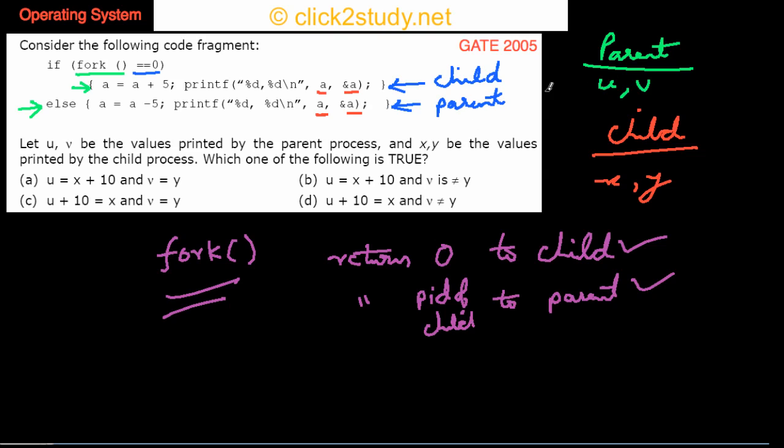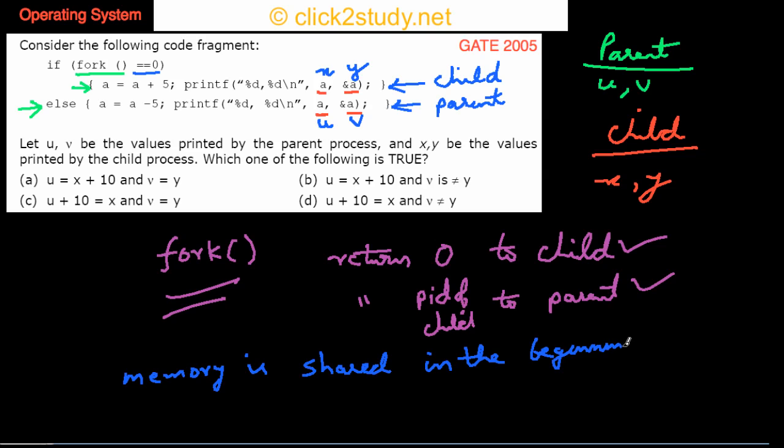Which means that this becomes u and this becomes v, and this becomes x and this becomes y. Another thing: in the beginning both the child and parent share the same memory. Memory is shared in the beginning. That's important.